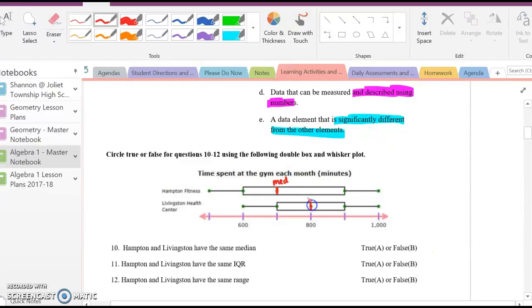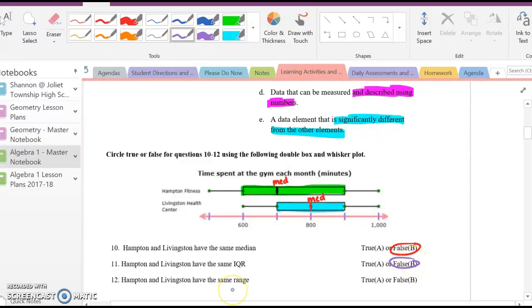Here's my median, here's my median. Those are obviously not the same, so this is false. Hampton and Livingston have the same IQR. IQR is the distance from Q1 to Q3. I could calculate them, but clearly those are not even the same size box, so this is also false.